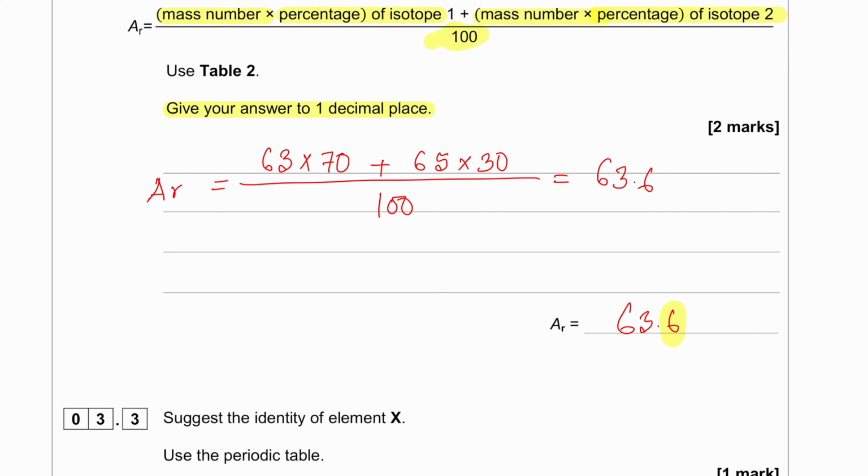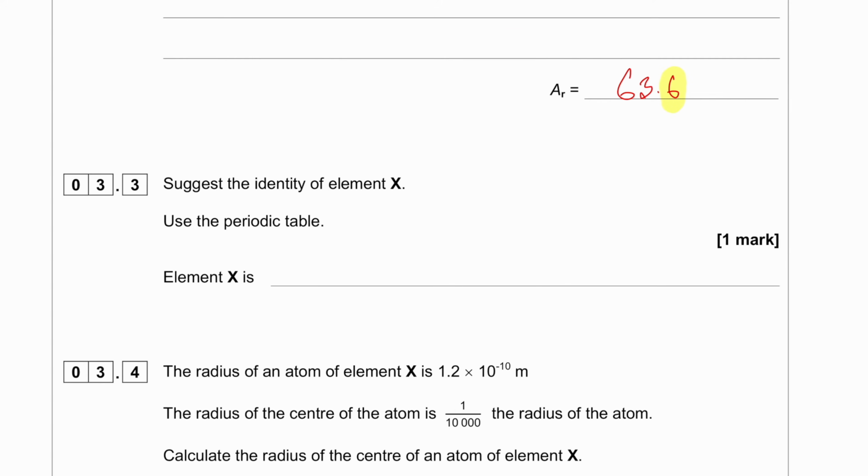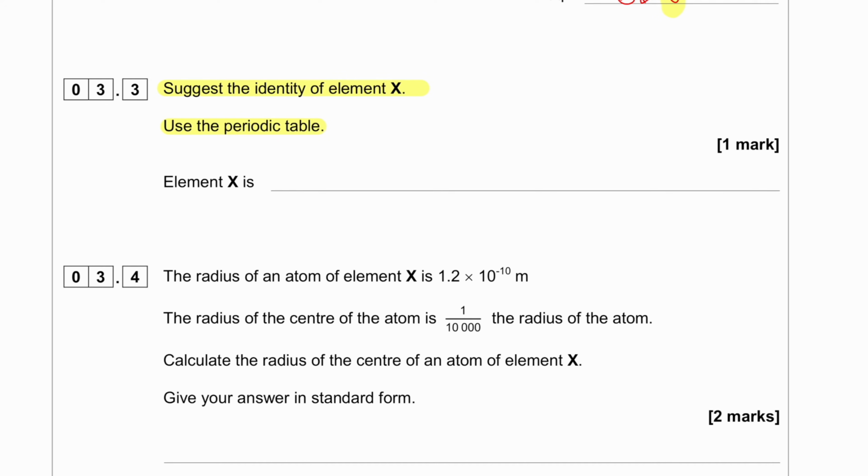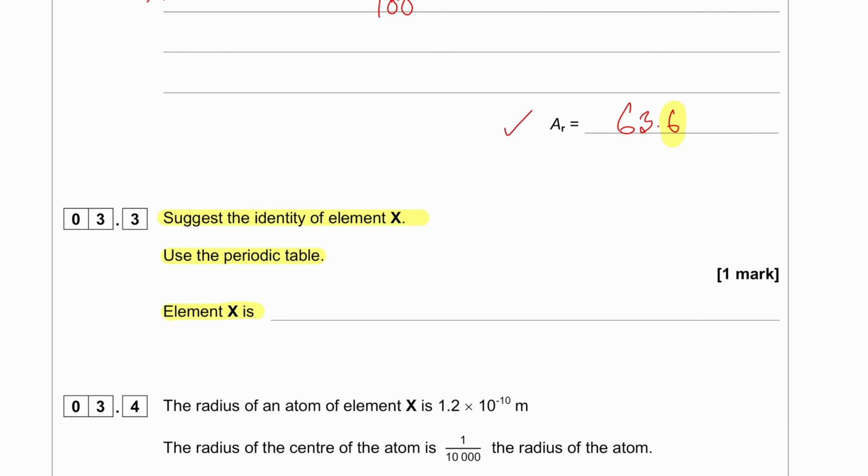All right, guys, now let's move to the next question. Suggest the identity of the element X. Use the periodic table. In order to find out the element X, we can go to the periodic table and find the nearest mass to the Ar, which is the closest one in the periodic table. Whenever you go to give an exam, you're going to have a periodic table handy, obviously.